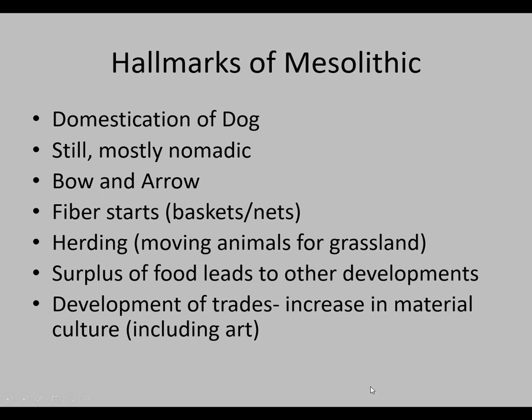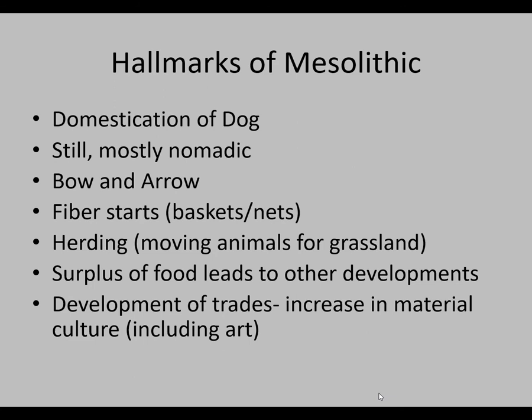Bows and arrows are being used now, not just like running with clubs and spears. Fiber arts like baskets and nets are invented and being widely spread and used. There is herding. So Mesolithic man learns how to move animals around for grassland.